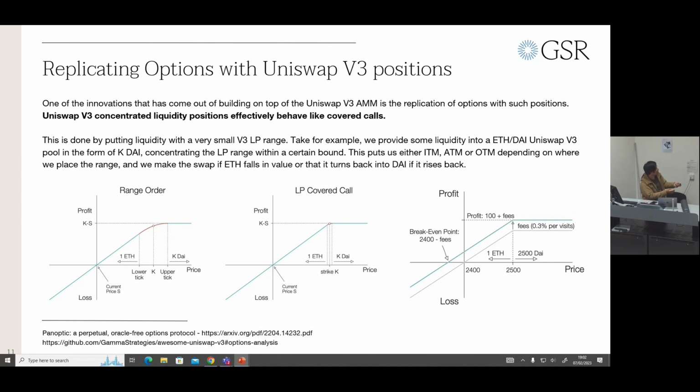You can see here that if we concentrate at a certain strike price K, it has a similar payoff to that of a covered call option. So there are a lot of cool things that can come out of trading on Uniswap, but also providing liquidity on Uniswap, and allowing it to do these funky things for your tokens if you'd like to buy and sell different tokens.